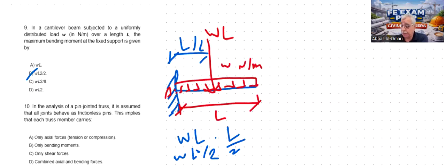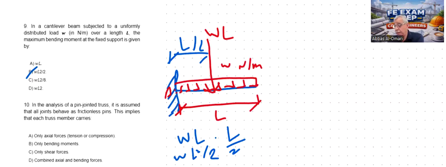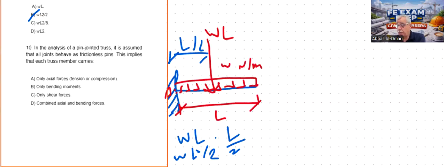Now, the next question, in the analysis of a pin jointed truss, it is assumed that the joints behave as frictionless pins. This implies that each truss member carries only axial forces, only bending moments, only shear forces, combined axial and bending forces.